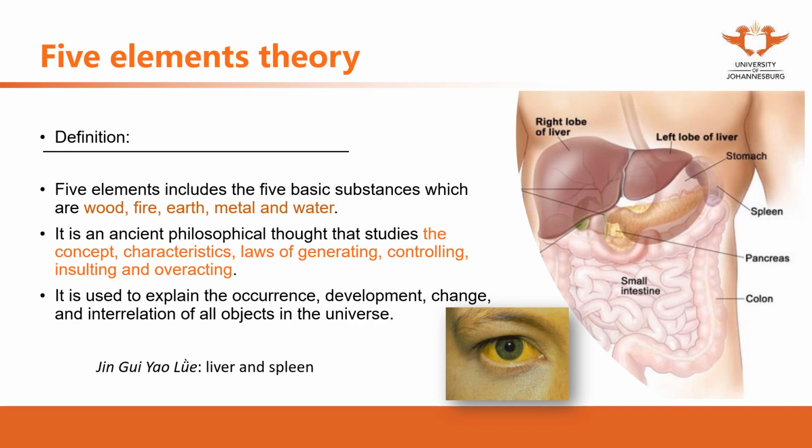In that book, it describes one case, one law, one principle of the treatments. It says that when patients suffer from a liver problem, in the treatments we need to focus on the spleen, because we know that the liver problem will transfer to the spleen.